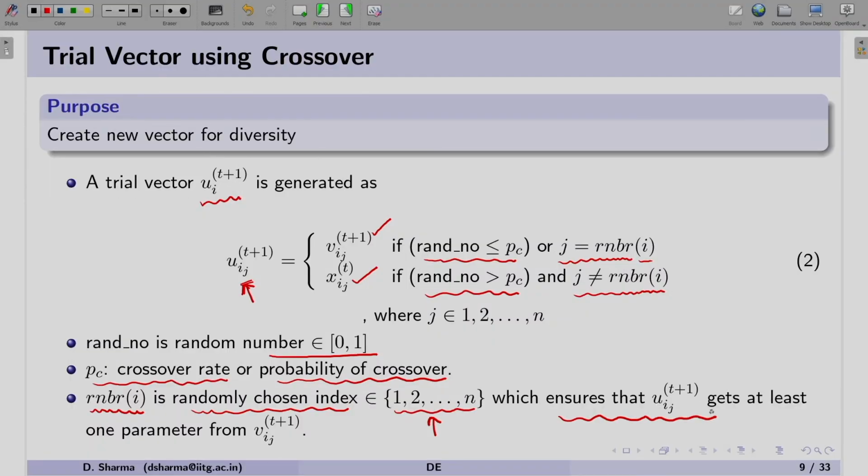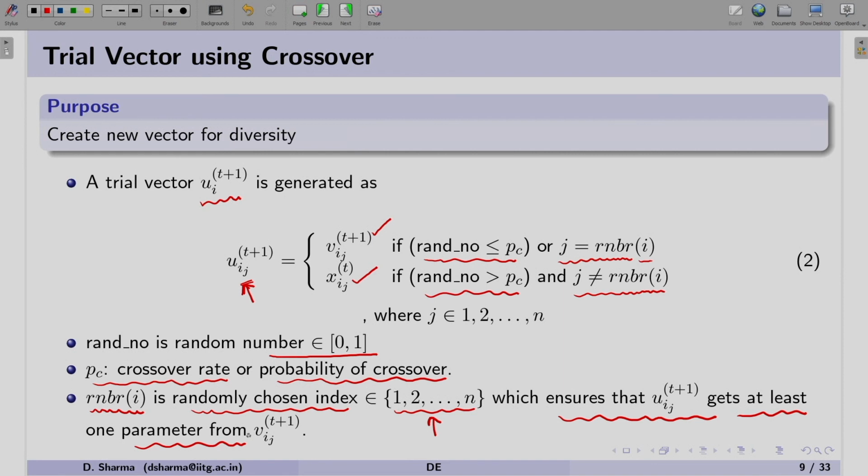The only purpose of this condition is that it ensures the trial vector gets at least one parameter from the mutant vector. That is the whole purpose, that we should get something from the mutant vector while creating a trial vector.